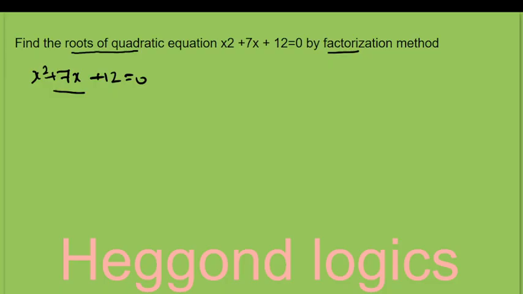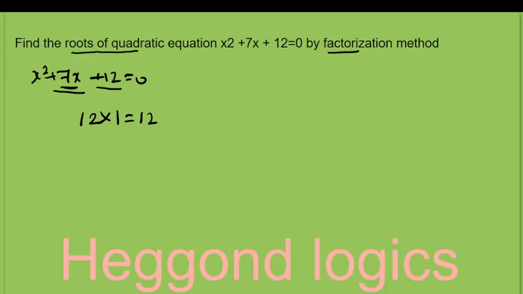First we need to observe the constant term. Here the constant term is 12 and the coefficient of x square is 1. The product of these two numbers is 12. So choose integers whose product should be 12 and whose sum or difference is 7. Based on that we choose the integers.